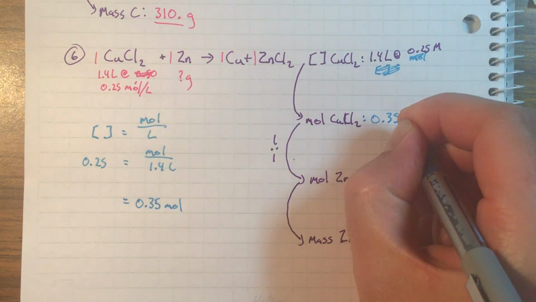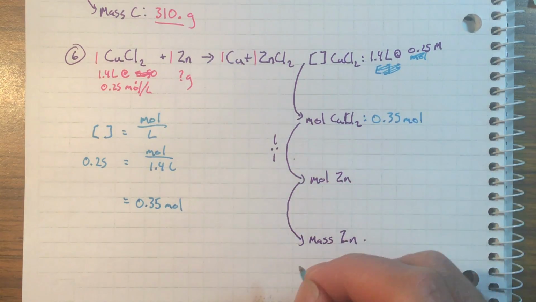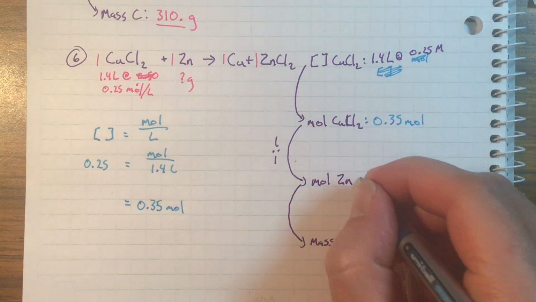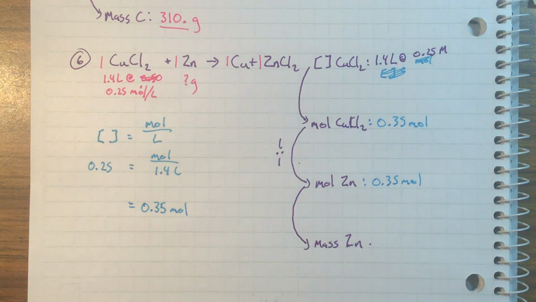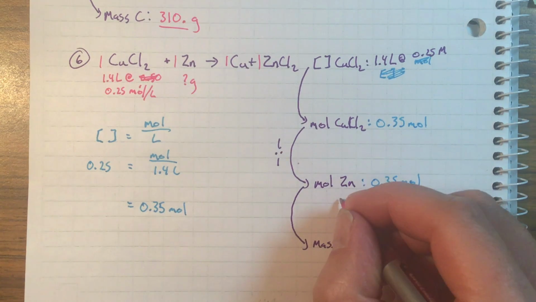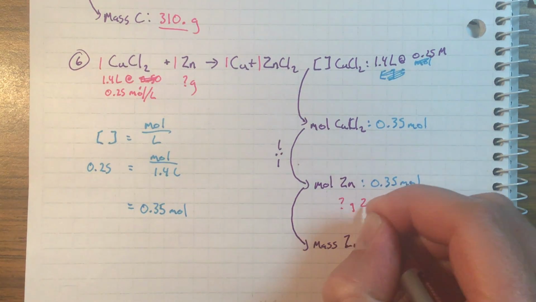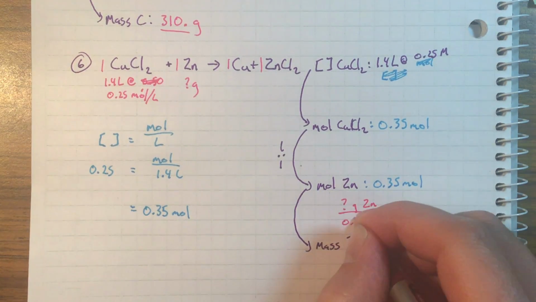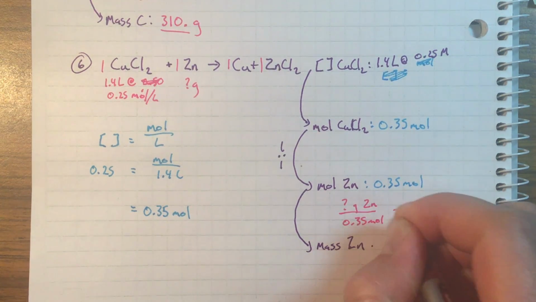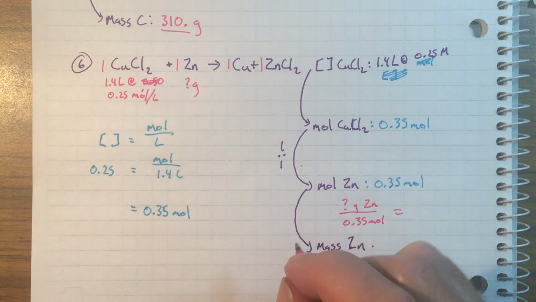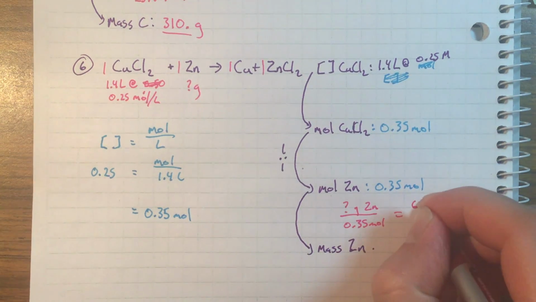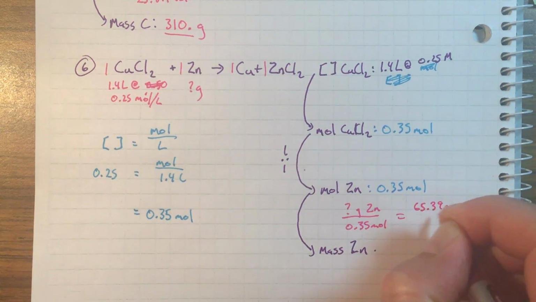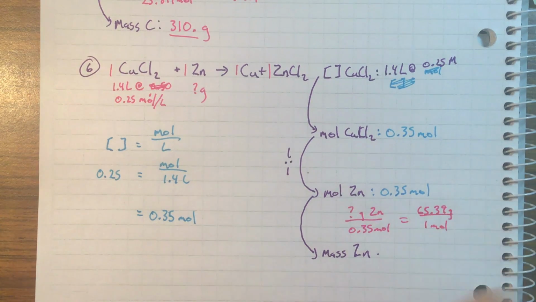All right, so we've got 0.35 moles of this. Copy that down because it's a 1-to-1 molar ratio, so we're going to need 0.35 moles of zinc. Then we can do our mass conversion. How many grams of zinc will there be in 0.35 moles? Where's my zinc? 65.39 grams in 1 mole.